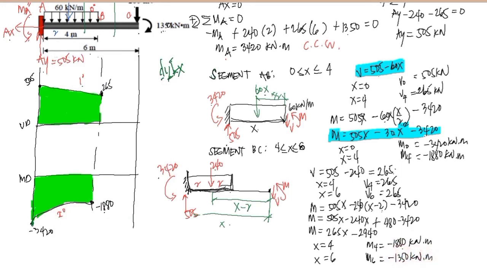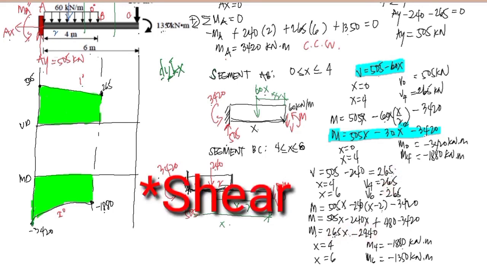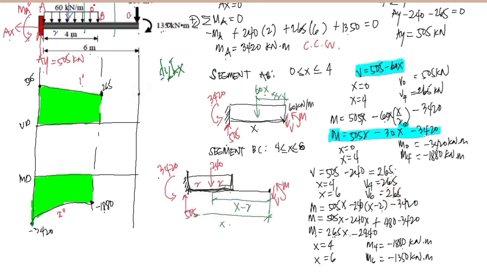Now, if we are going to check our shear equation from the moment equation, which is equal to 265x minus 2940, then we have here the shear as 265 since the derivative of 265x is 265 and the derivative of the constant is 0. Okay, so at x is equal to 4, our shear is 265 and then 265 also at 6. So we just have here a constant.